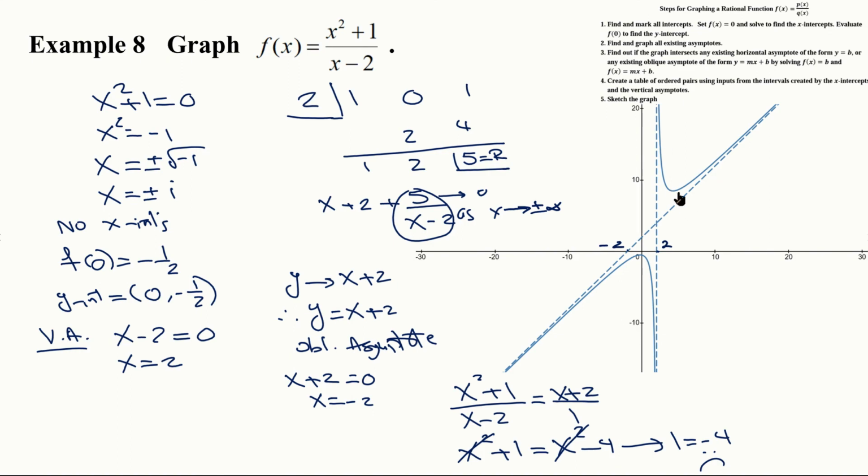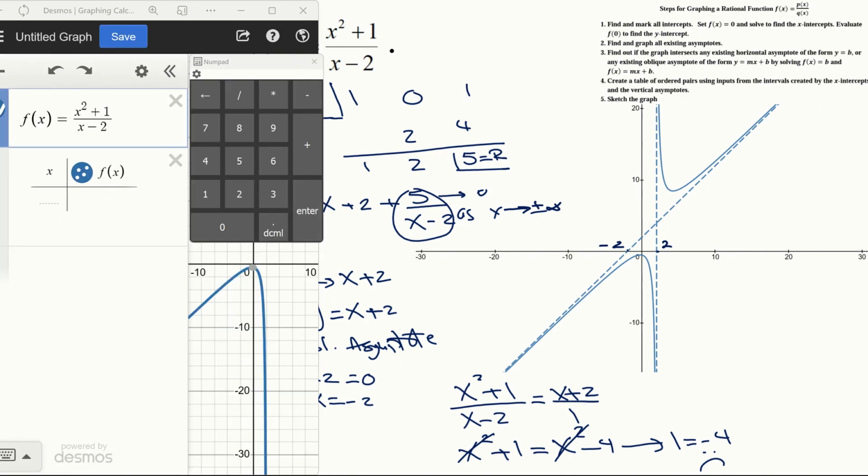If you plug in some points really close to 2, you'll see that this is going to approach positive infinity. Let me show you an example. Okay, so for example, if we type in a number really, really close to 2, like let's say 2.01, notice we get a pretty large positive value, right?